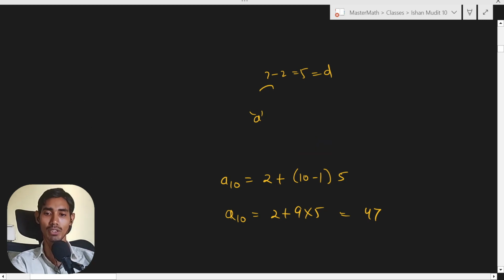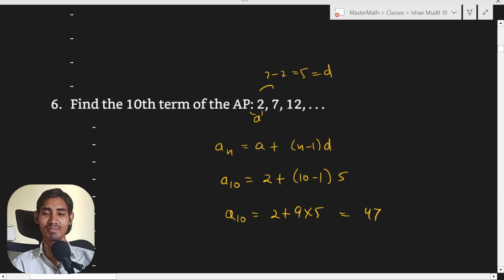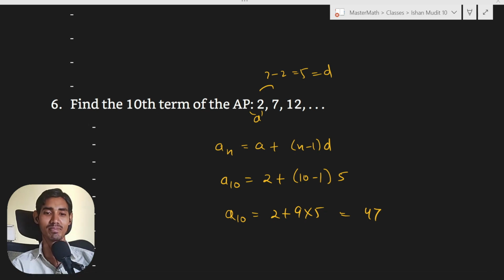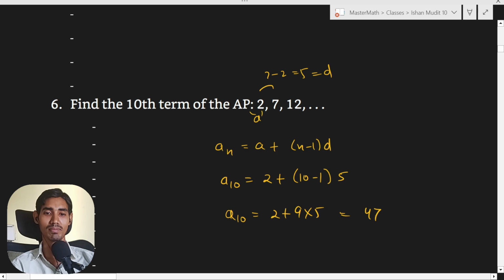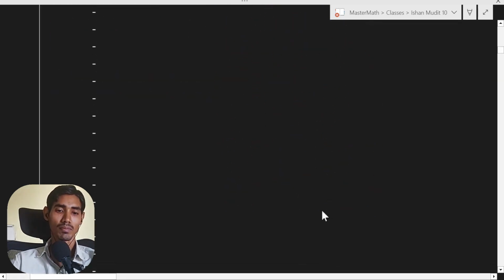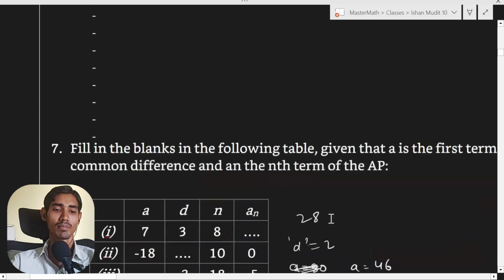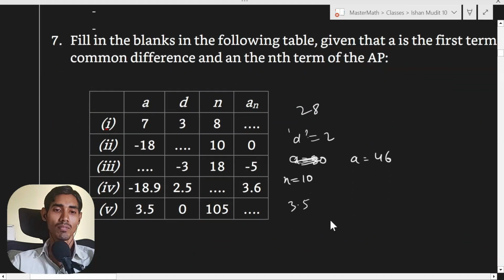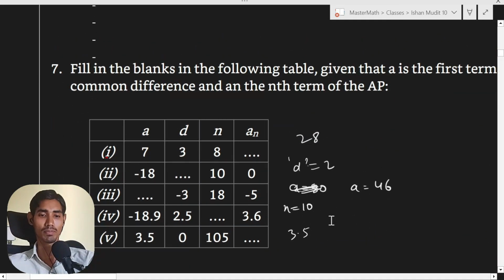So let's continue with another question if OneNote permits me. Okay, so this is the exercise question.